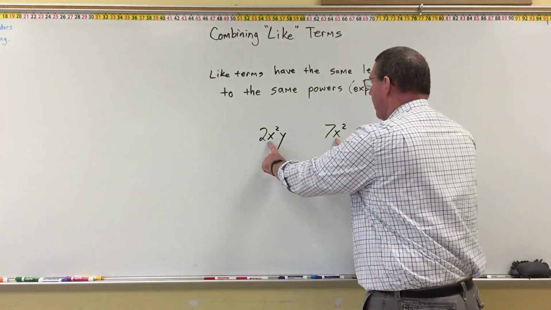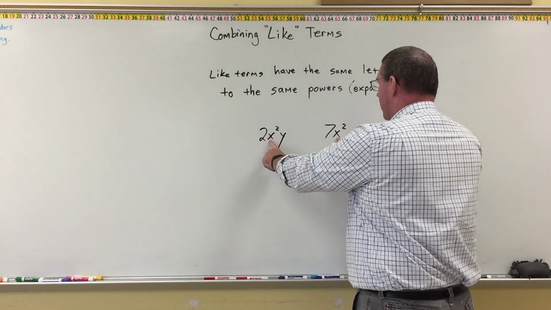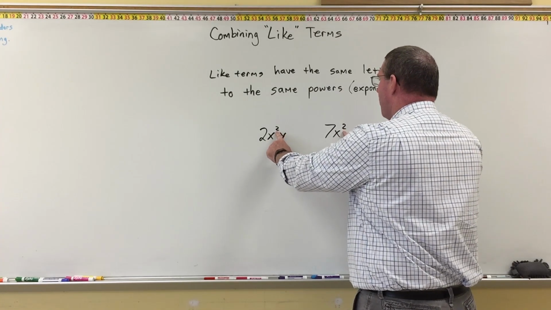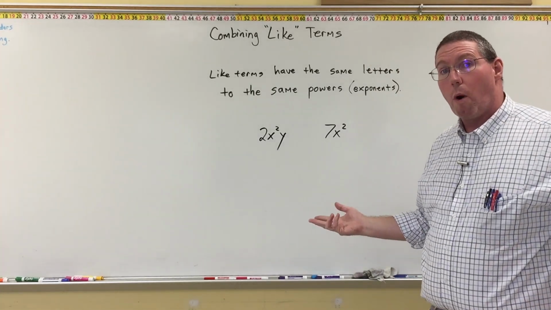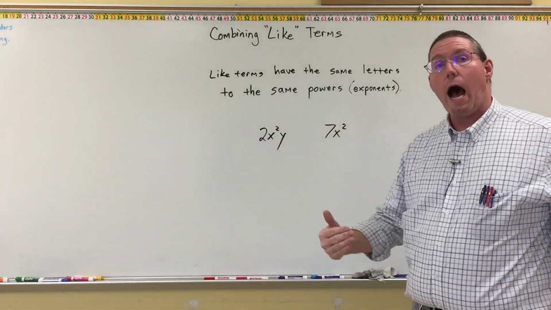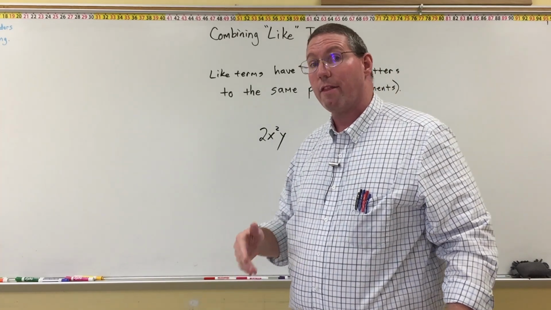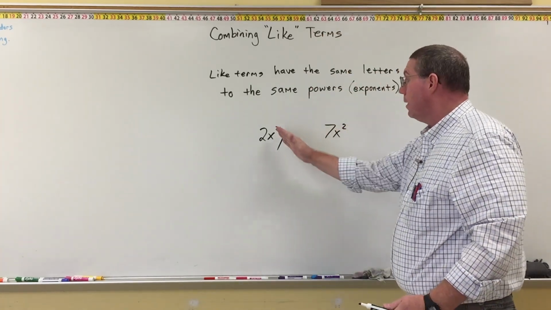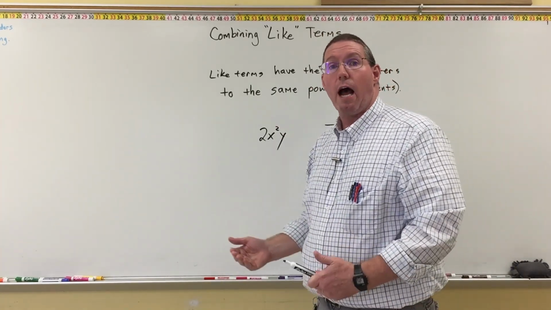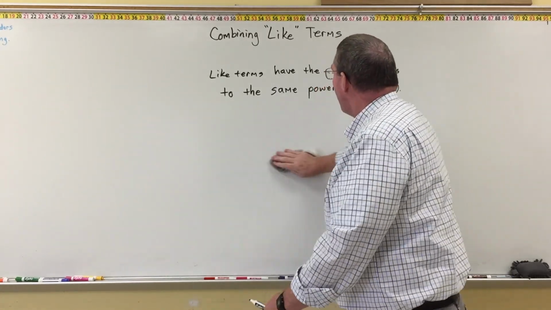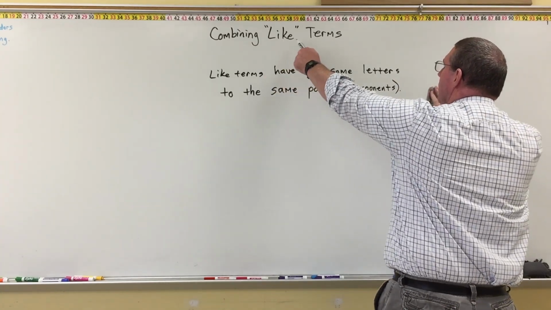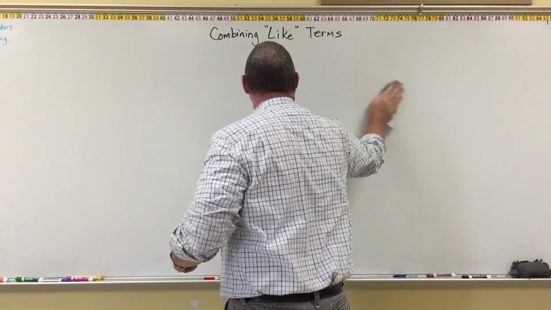Even though they both have an x, and the x in each one is raised to the second power, this term also has a y in it, and this term does not have a y. Therefore, these two terms are not like terms, and therefore they cannot be combined into a single term. And so, in math, we can only combine like terms into a single term.